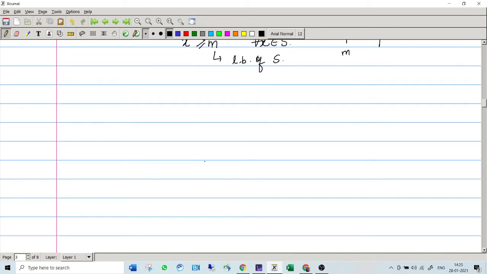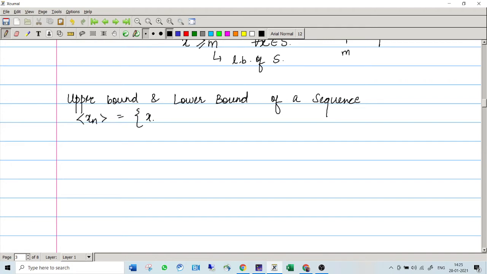Now let us discuss the upper and lower bound of a sequence. See, if you have a sequence, let's say xn, a sequence is also a collection of numbers, right? x1, x2, x3, x4, and so on.